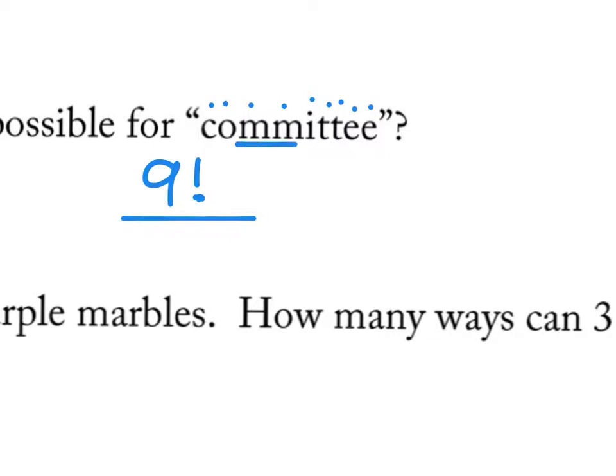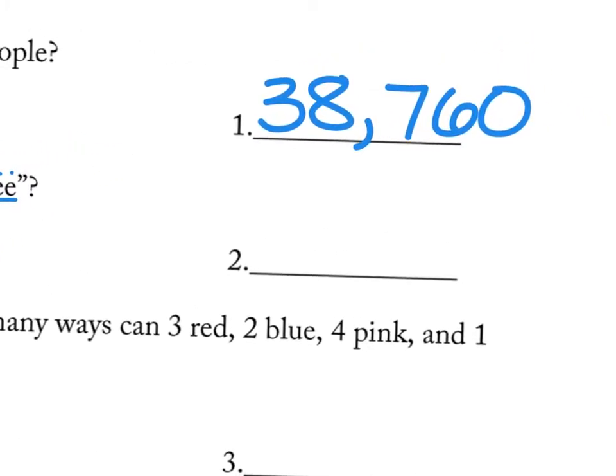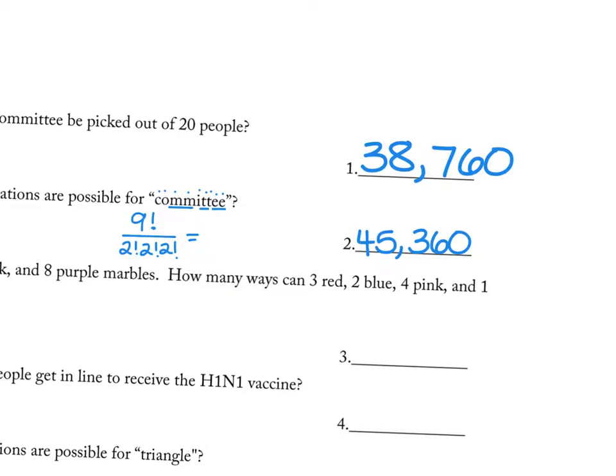So M repeats twice, E repeats twice, and T repeats twice. So when you throw that into your calculator, you get 45,360. Okay.